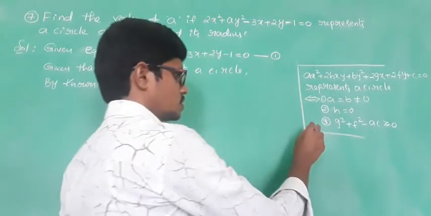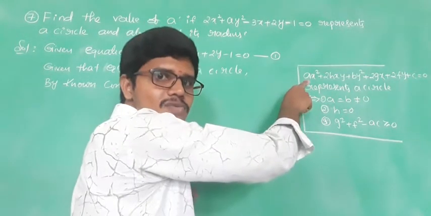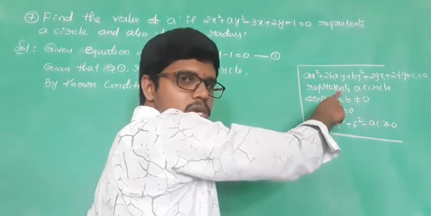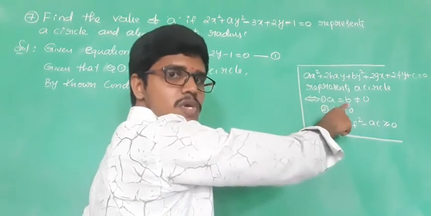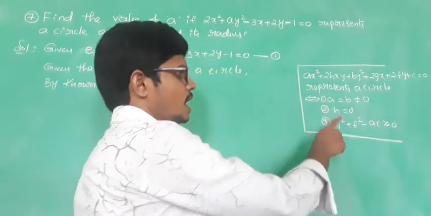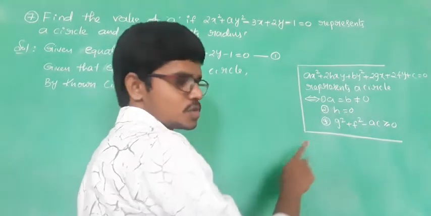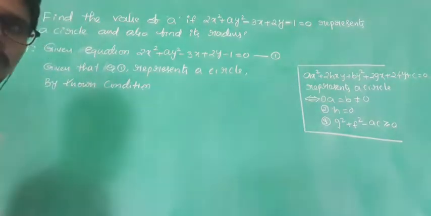Already we have discussed, if any second degree equation represents a circle, the coefficient of x square and coefficient of y square should be equal and not equal to 0, the coefficient of xy should be 0, and the third condition is g square plus f square minus c is greater than or equal to 0.